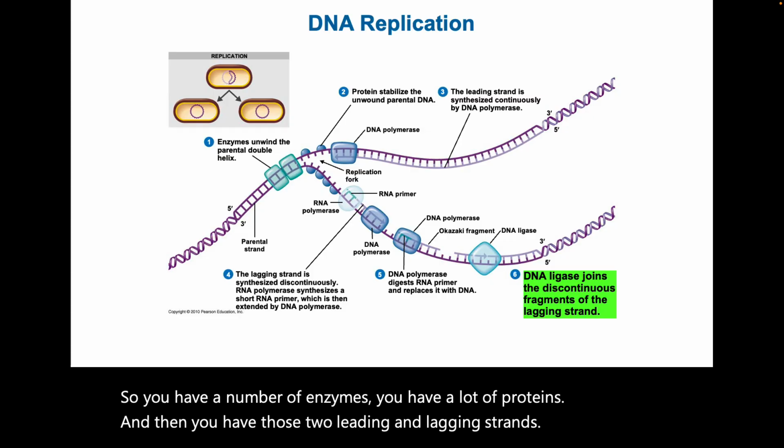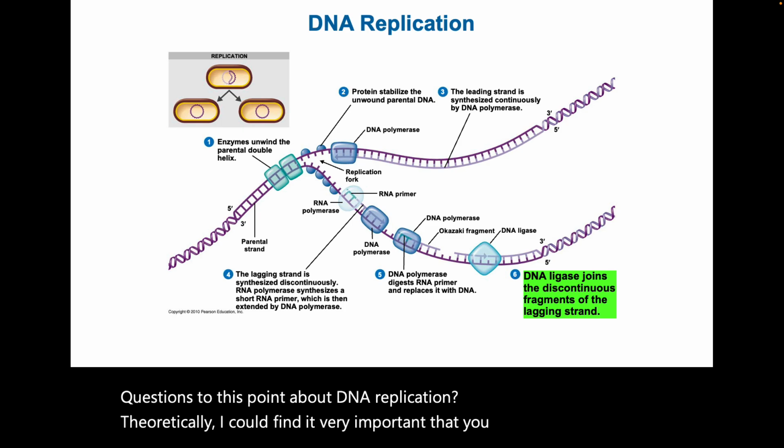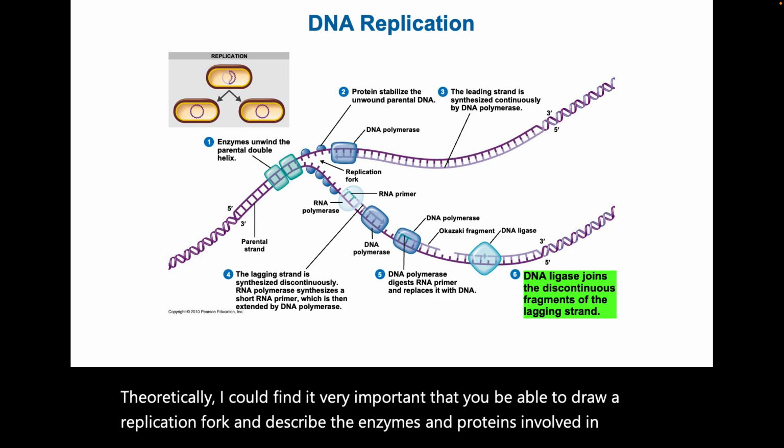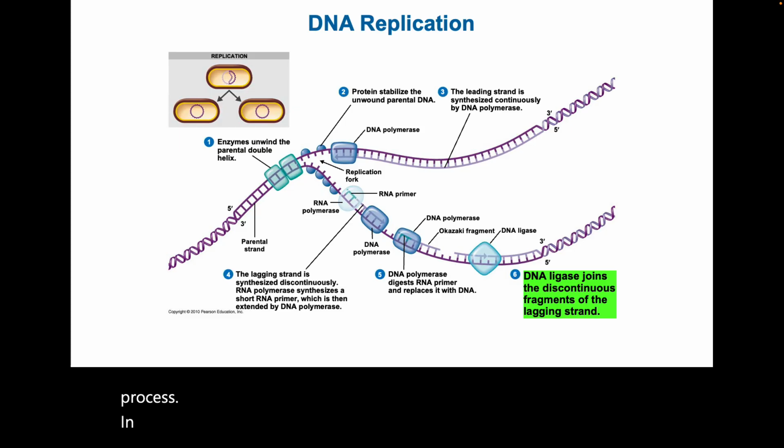Okay, questions to this point about DNA replication? Theoretically, I could find it very important that you be able to draw a replication fork and describe the enzymes and proteins involved in the process. Question? My question was going to be, how much of this do you have to know for this class?